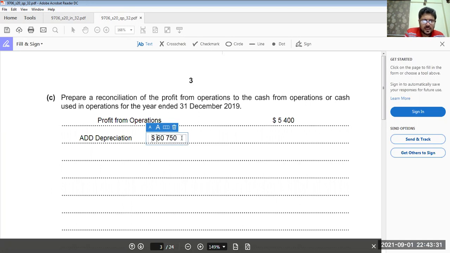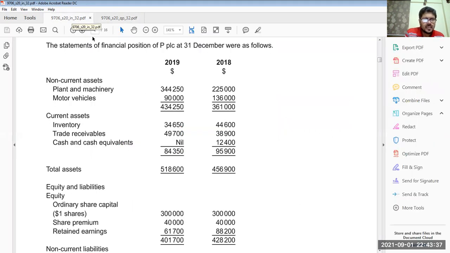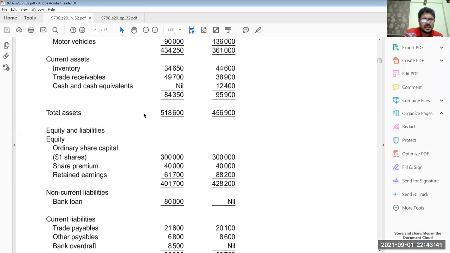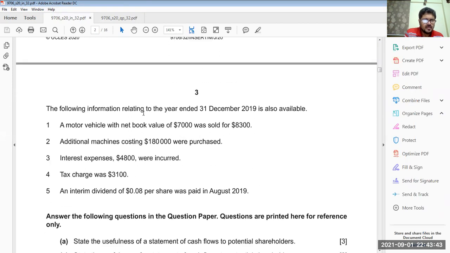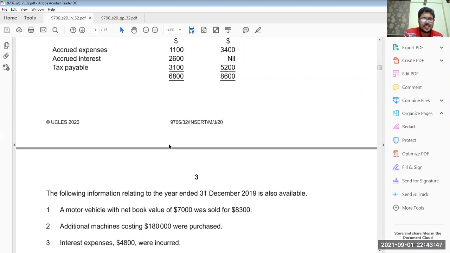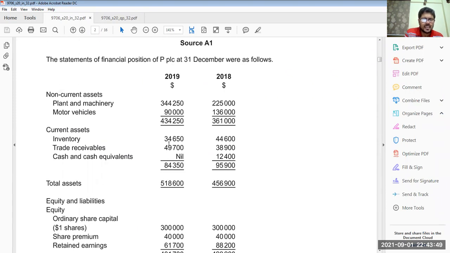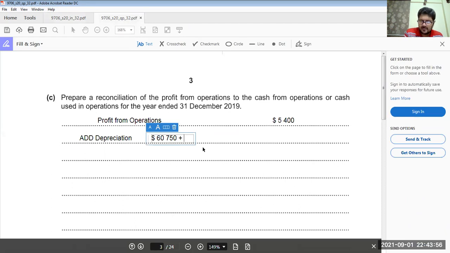Now plus other non-current assets. Other non-current assets we have: motor vehicles. Beginning $136,000. Then motor vehicle net book value of 7,000 is sold, so 7,000 is deducted, leaving 129,000. But the ending is not 129,000, it's 90,000. So it means 39,000 is the depreciation of motor vehicles, which is going to be added over here.